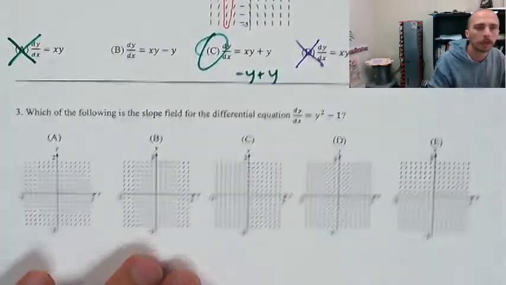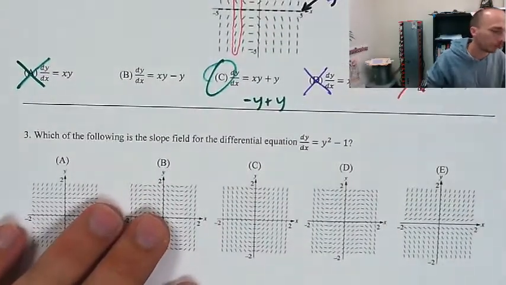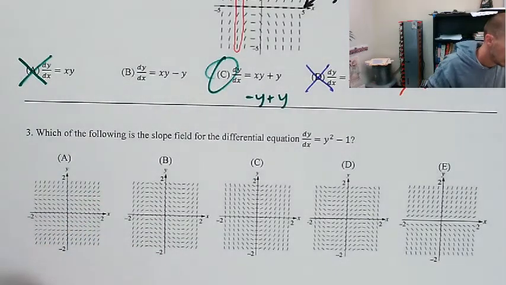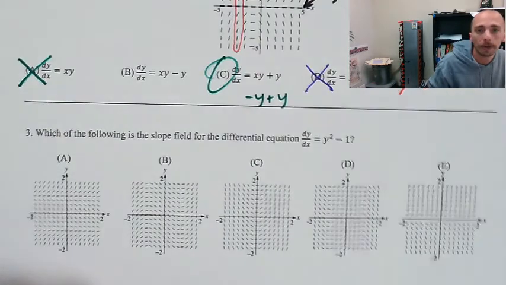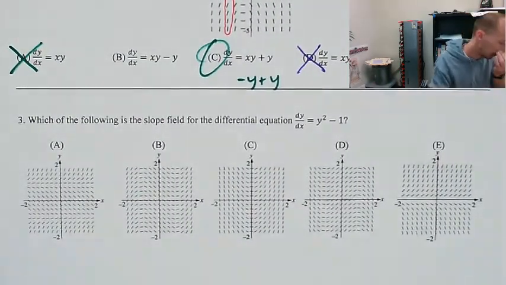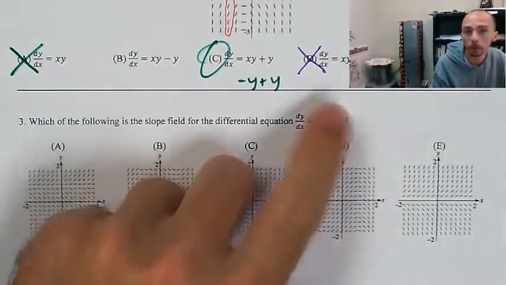And the last one here is the slope field for the differential equation dy dx equals y squared minus 1. Let's see. I always like to go based on 0 slopes. I feel like that's the easiest thing to see on a slope field, and the easiest thing to pull out of a differential equation.